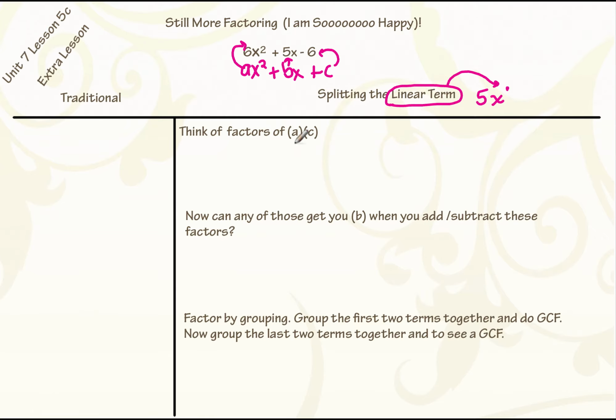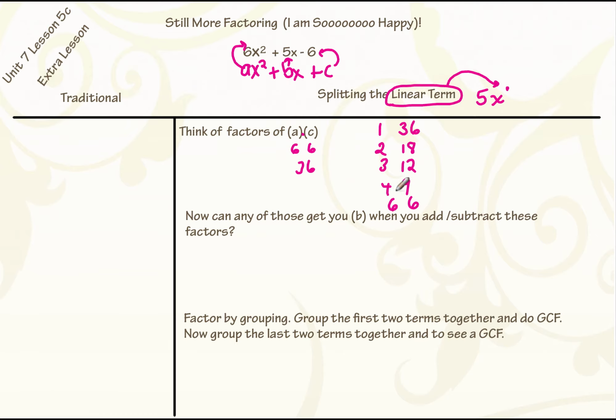So think of factors of a times c. So my a is 6, my c is 6. We're going to ignore the negative for now. So they want us to write all the factors of 36. So just like in traditional, I'm going to list 1 and 36, 2 and 18, 3 and 12, 4 and 9, and 6 and 6.